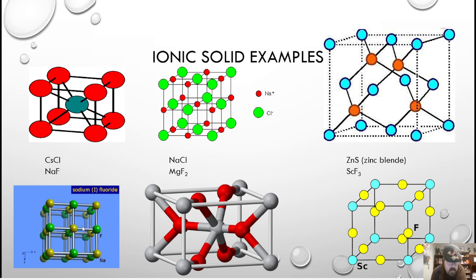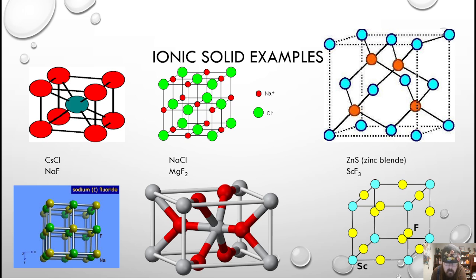Sodium fluoride adopts a very similar shape to sodium chloride. Magnesium fluoride is a little trickier. Magnesium adopts, instead of a usual cube, more of a rectangular shape.